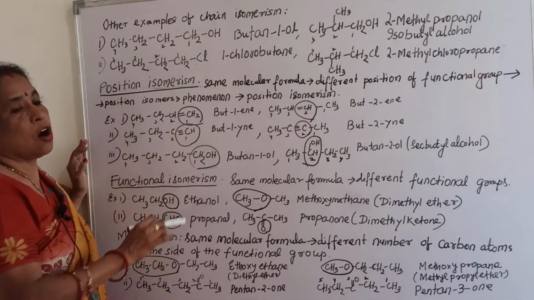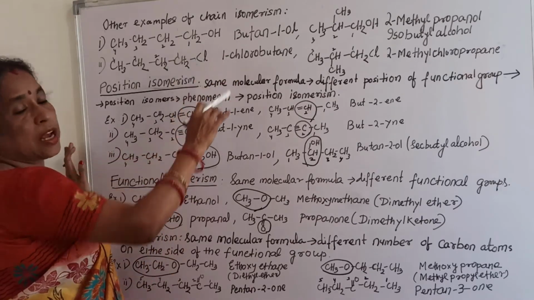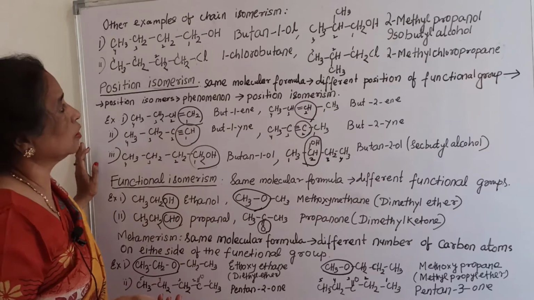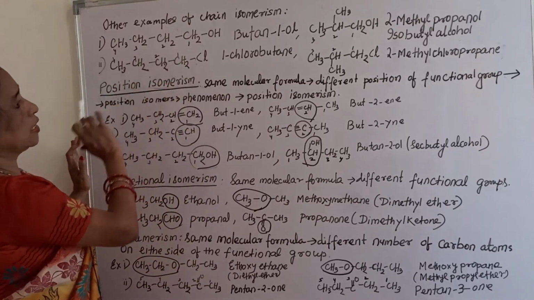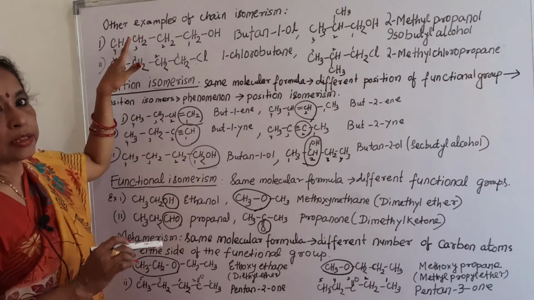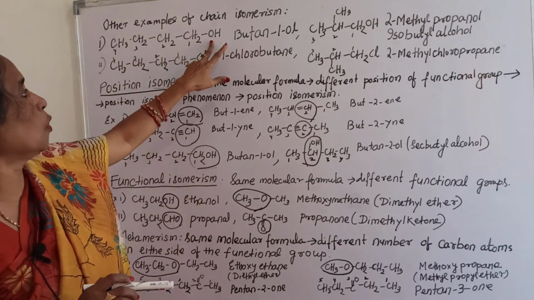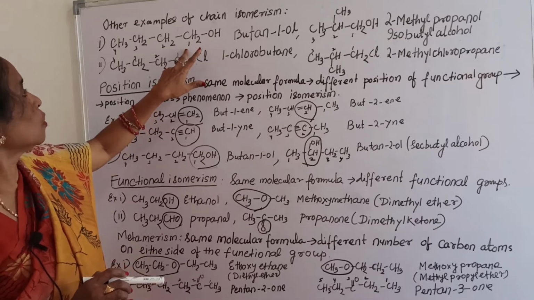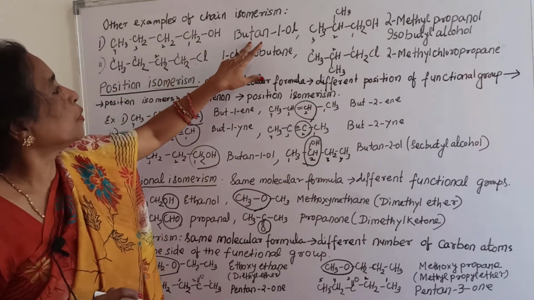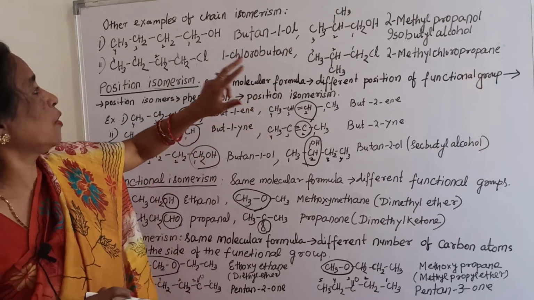Now we will see other examples of chain isomerism. Before that you should know what is chain isomerism, and here you will see 2 other examples. Let us start. It is 1, 2, 3, 4. That means having one OH group in one position carbon, so it is known as butanol. But what? Butan-1-ol. Why butan-1-ol?